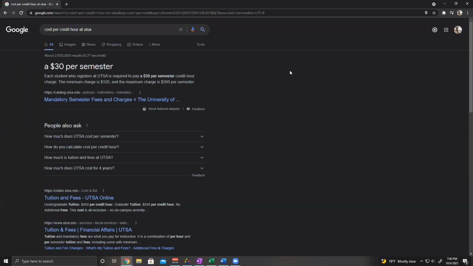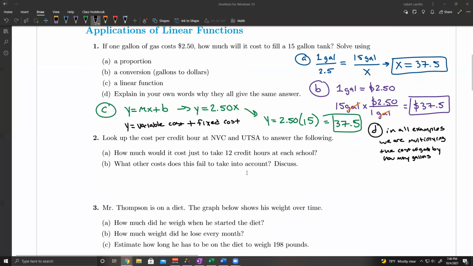The minimum charge is 120 and the maximum charge is 360 per semester. Okay. And then we can look up cost per credit hour at Vista. So let me write that down. So UTSA is 30 per.